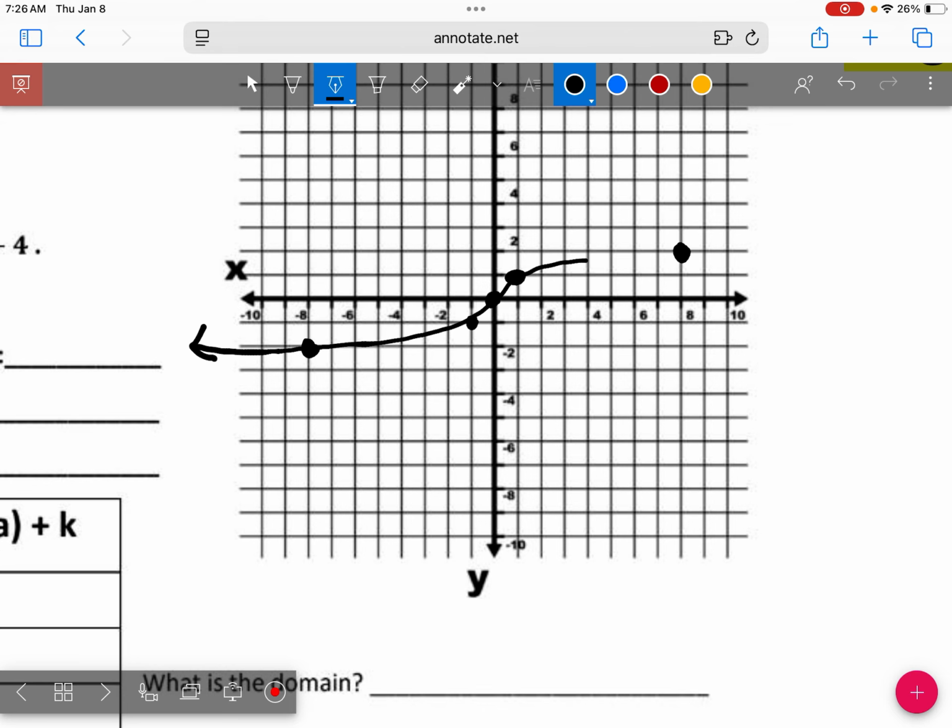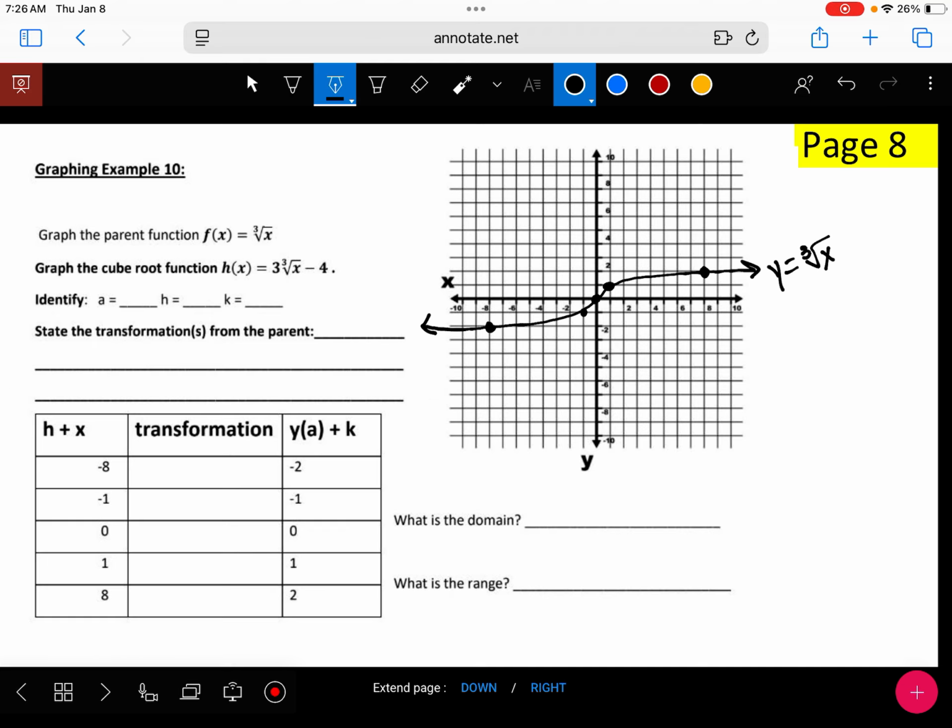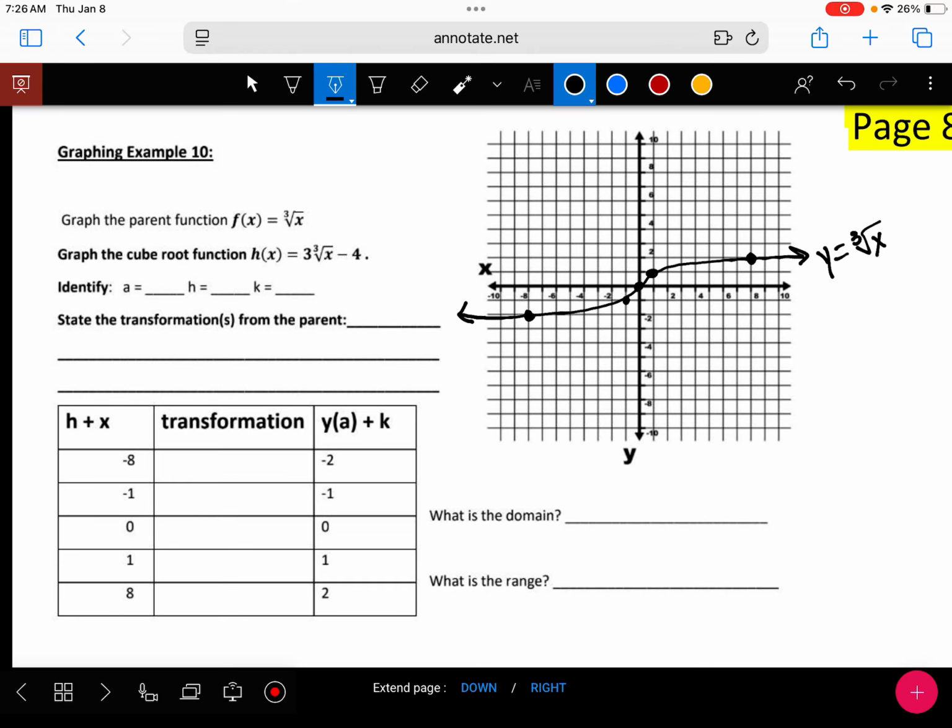All right, that's the parent. The good news is that we can automatically answer this right now. Because if we're talking about a cube root, that's what it's going to be.